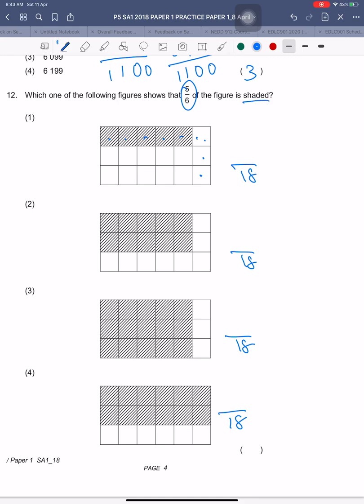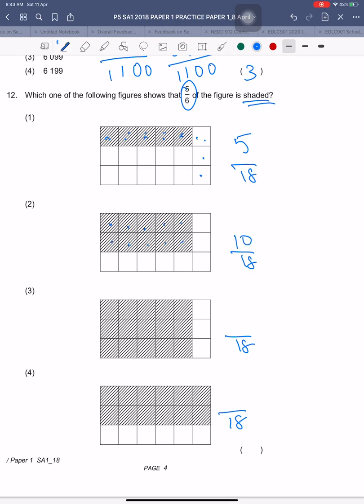Since they want to know which one has 5/6 of it shaded, if you look at the first one, 1 2 3 4 5, 5 over 18 of the figure is shaded. Look at this one, 1 2 3 4 5 6 7 8 9 10.